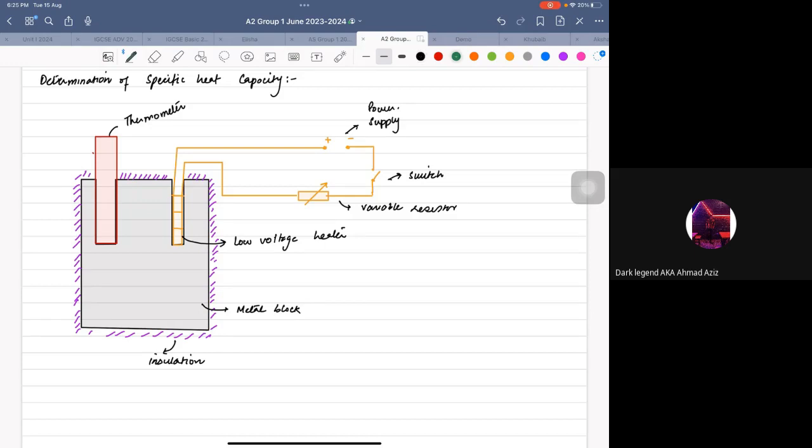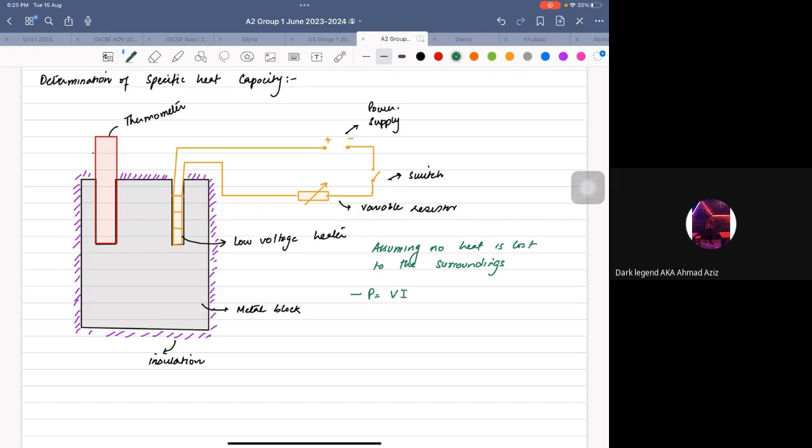Because we put insulation, we are saying that we assume no heat is lost to the surroundings. All right. So we need to learn two things. First of all, power is voltage times current. How do we know the voltage?